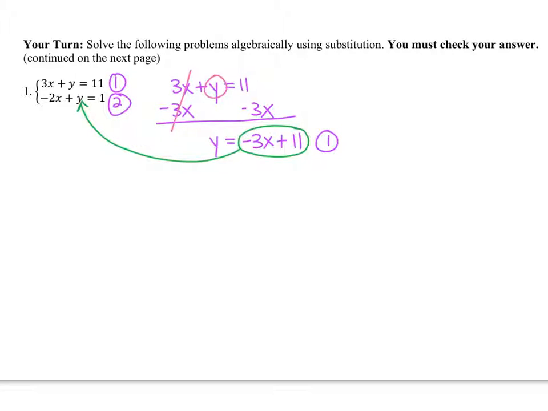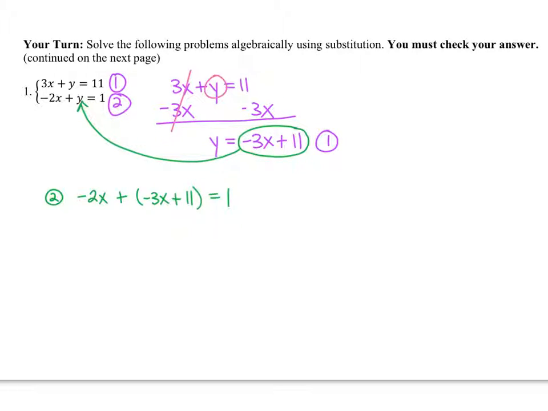This is our way of combining the two equations. So now I'm going to write equation number 2: negative 2x plus, and then instead of y, I'm going to substitute my expression in, negative 3x plus 11, and then equals 1, because that's just the rest of the equation.